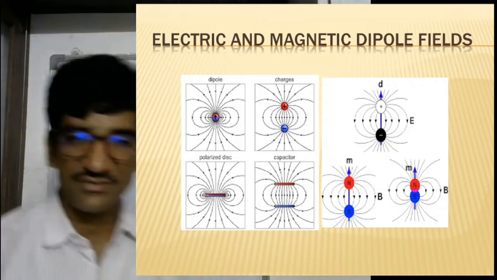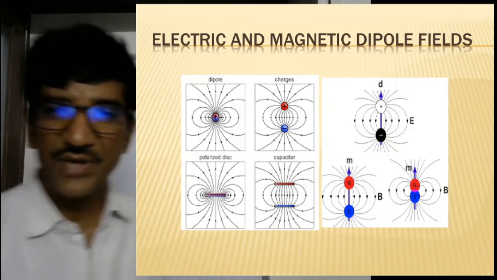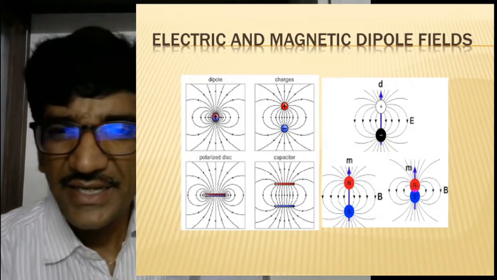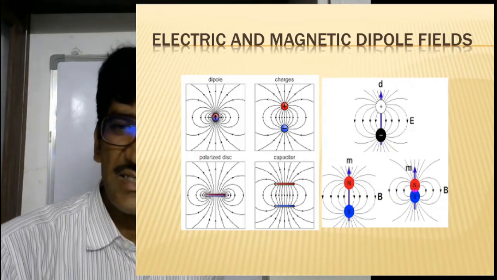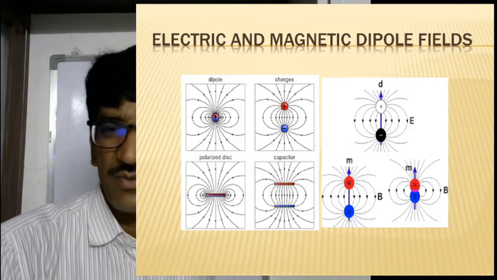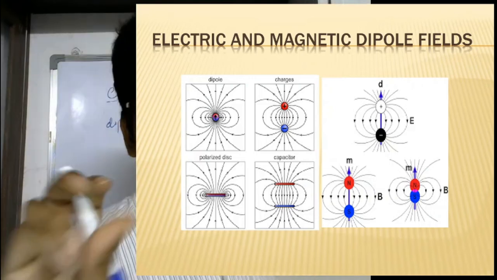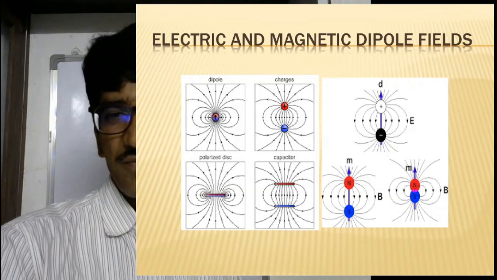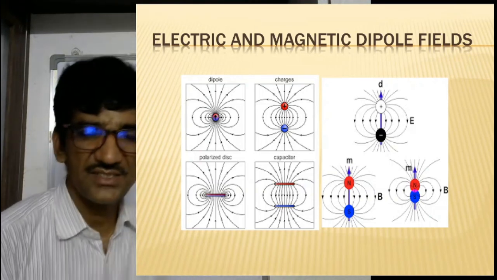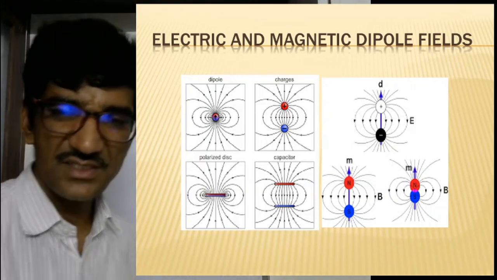On the other side of the slide, you have, in addition to the electric dipole or two unlike charges, the two charges separated with some distance.